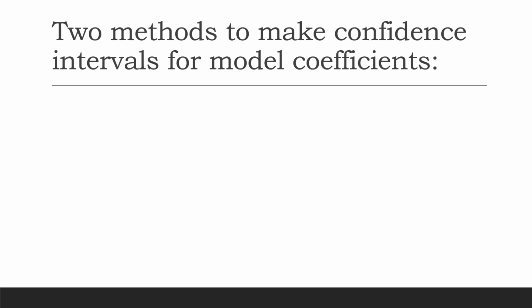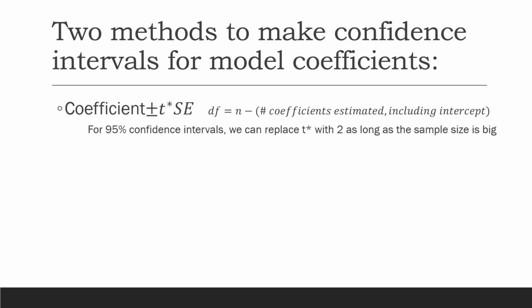Just as last week we saw two methods to make confidence intervals for the mean, we have two similar types of methods that we will use to make confidence intervals for model coefficients. One approach is using the coefficient plus or minus a t star value from the t distribution times the standard error.